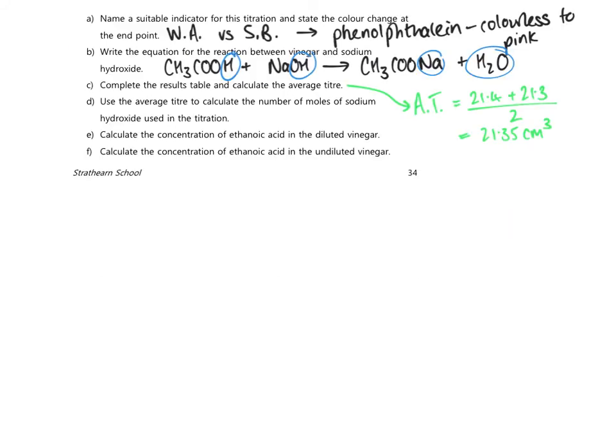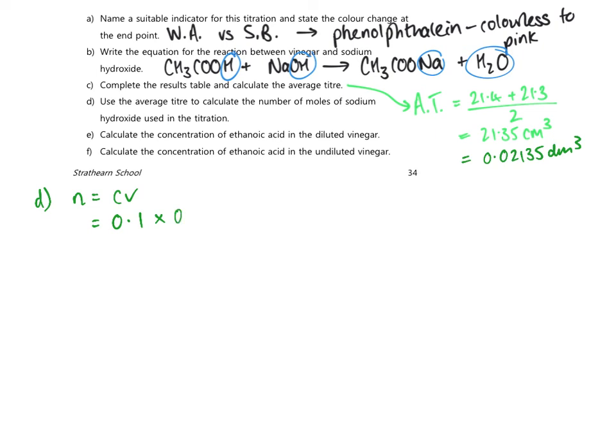So part D then asks us to use the average titre to calculate the number of moles of sodium hydroxide used in the titration. Well, we're going to use our equation n equals CV, because we know from our question the concentration of sodium hydroxide is 0.1 moles per decimetre cubed. And our volume is our average titre, which is 21.35 centimetres cubed. You need to convert that into decimetres cubed by dividing by 1,000, and that gives you 0.02135 decimetres cubed.